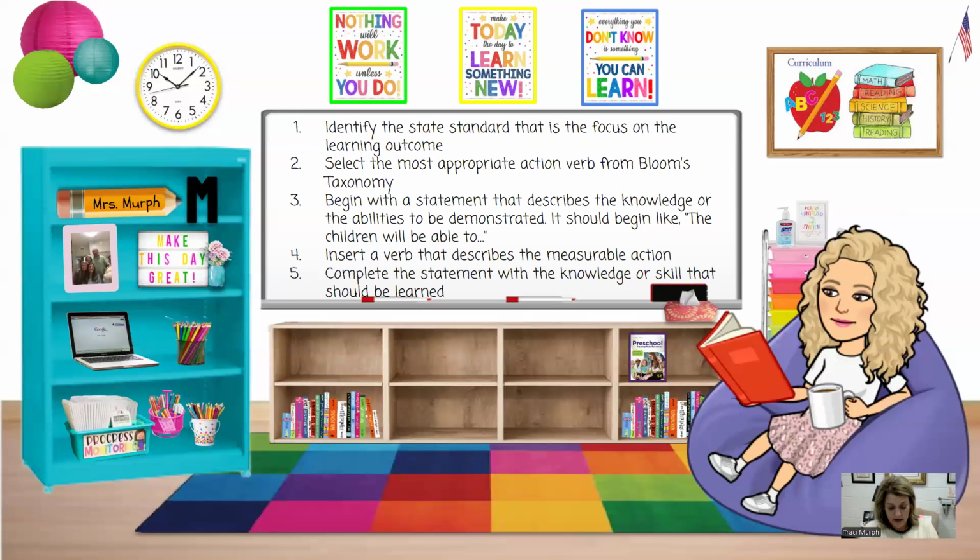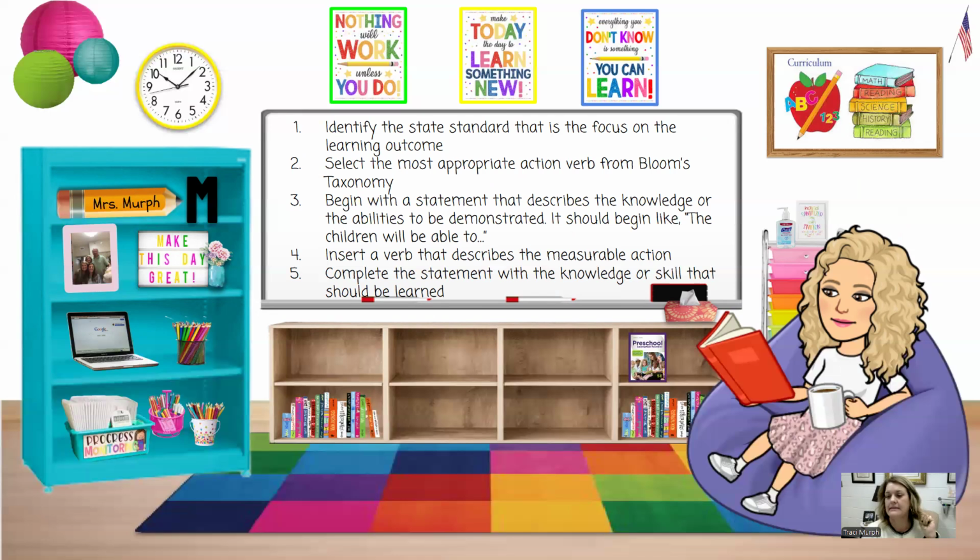Then number two, we're going to go back over to Bloom's taxonomy, and we're going to select the most appropriate action verb that we can use. You can do an online search, like a Google search, and you'll find a very extensive list of action verbs. I'm going to give you an example in just a minute.